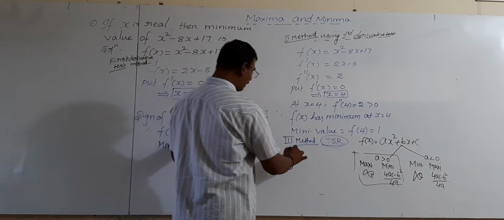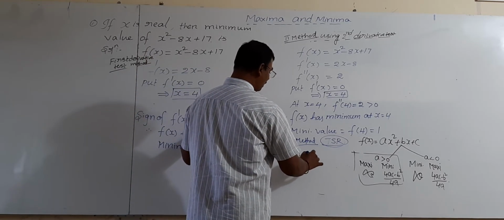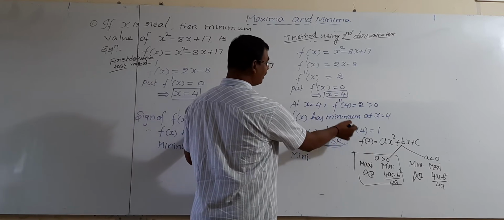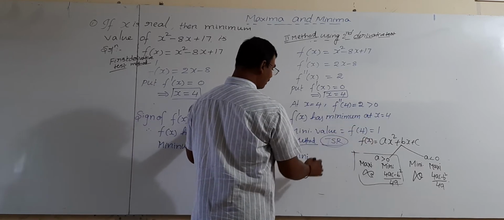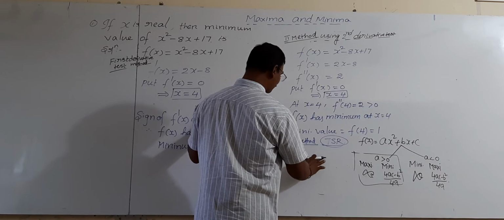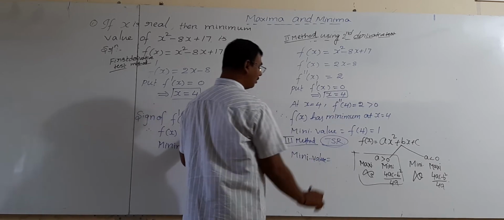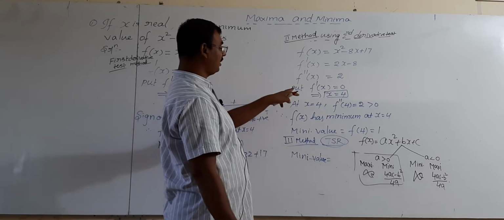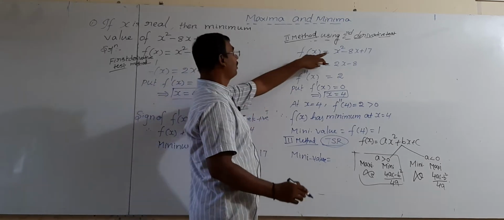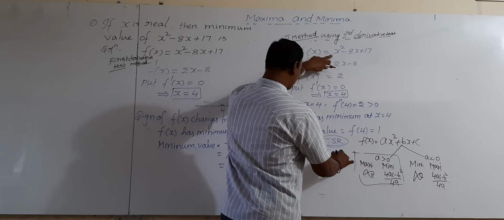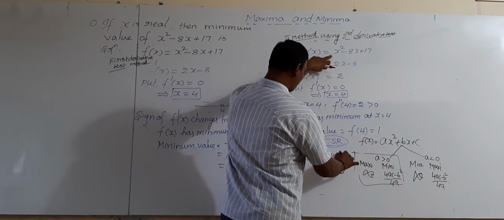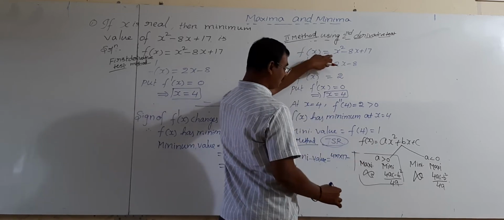See here, minimum value is equal to, here observe what? A is greater than 0 in this case. So directly minimum value is equal to 4ac, 4 into 1 into c value 17, minus b square.